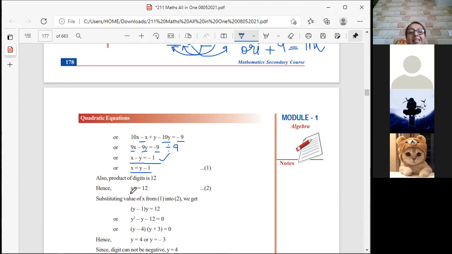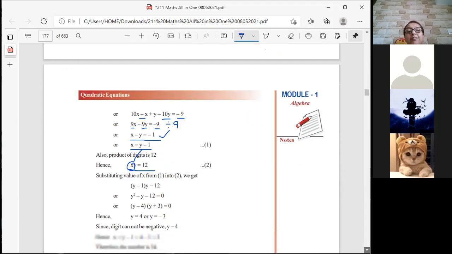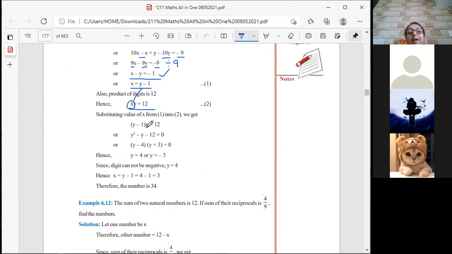They tell us that the product is 12. Am I right? Now, in place of this x, if I substitute y minus 1, then y minus 1 multiplied by y should be 12. y multiplied by y will be y square. Minus 1 multiplied by y will give me minus y, and I bring 12 to this side.